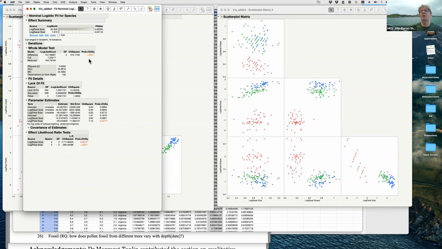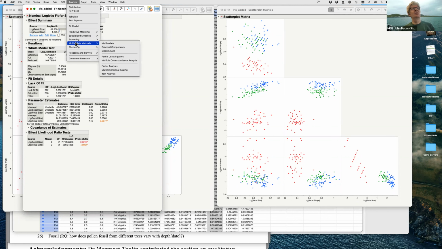The primary issue is petal size. If I want to summarize how best to distinguish between the species, it's the petal size. So the length times the width of the petal contains most of the information in my data set about distinguishing between the 3 different species. It's a perfect predictor of the red species and pretty good at green against blue.